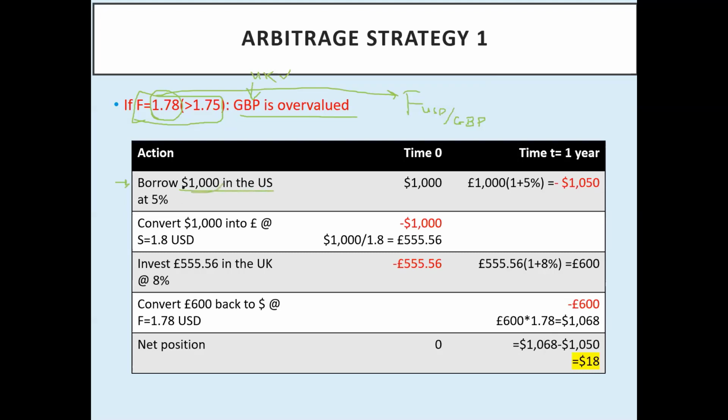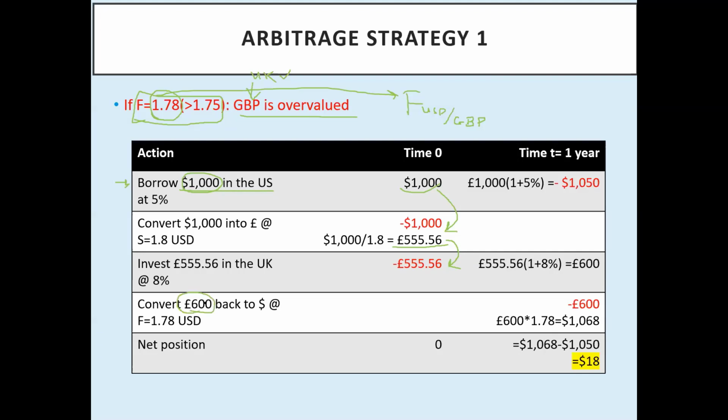In this case, I would just start with 1,000 instead of 1,000,000. After I borrow in the US, I'm going to use the money that I just borrowed and exchange it into pounds at the current spot rate. Once I get the pounds, I'm going to invest in the UK. To hedge any exchange rate risk exposure, I'm going to sell the pounds forward.